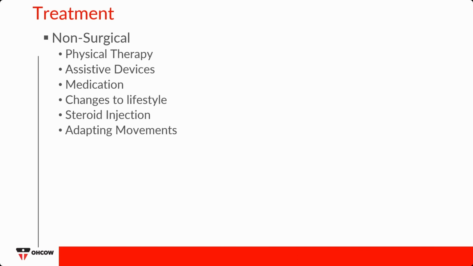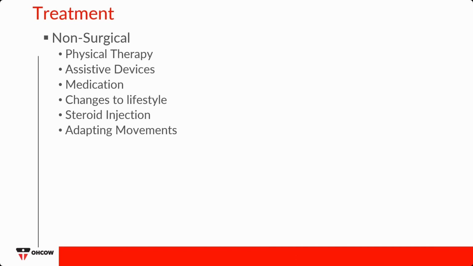It helps to improve function and decrease pain. This should be a formal program with specific outlines and specific goals. Assistive devices are important. You may need a walking stick or walker to help you along.